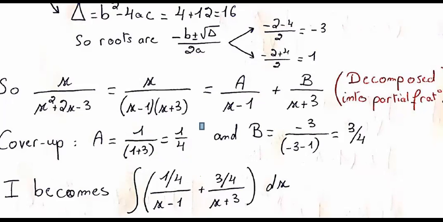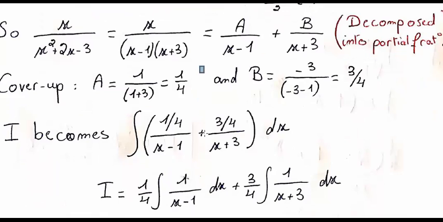And then we write it as two separate integrals: 1 over 4 integral of 1 over x minus 1 plus 3 over 4 integral of 1 over x plus 3. Now these are of the form u prime over u.